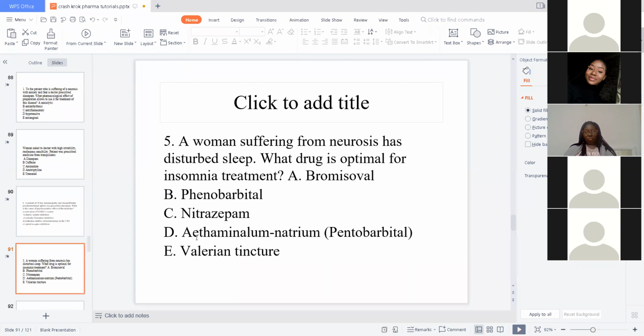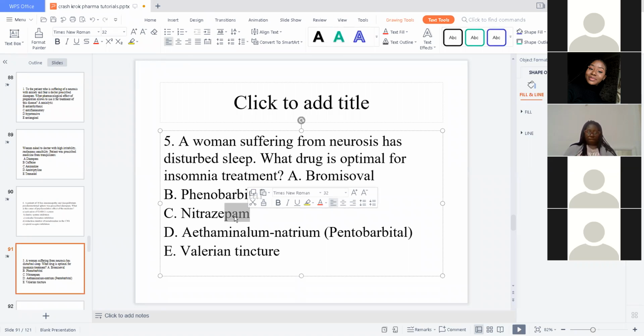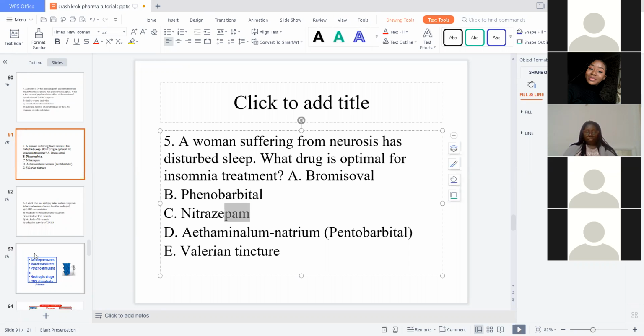Next. A woman suffering from neurosis has disturbed sleep. What drug is optimal for insomnia treatment? That would be nitrazepam. Yes, good job. I want you to take notes: benzodiazepines end with -pam. However they twist it, -pam is benzodiazepine.